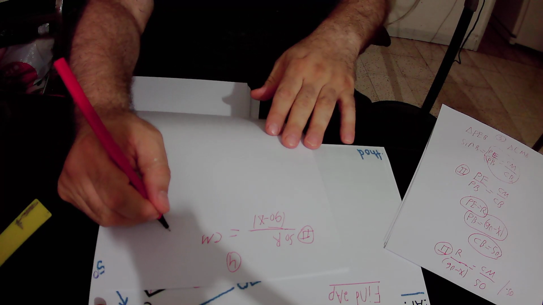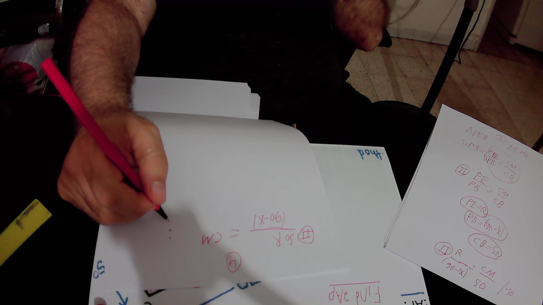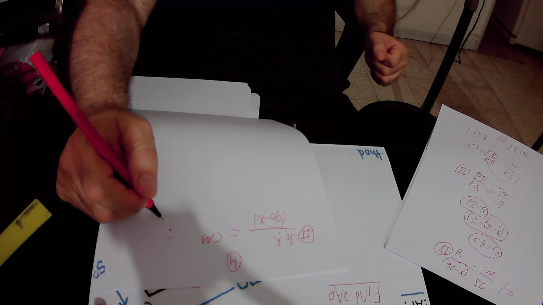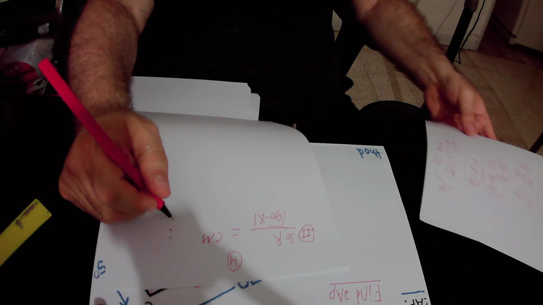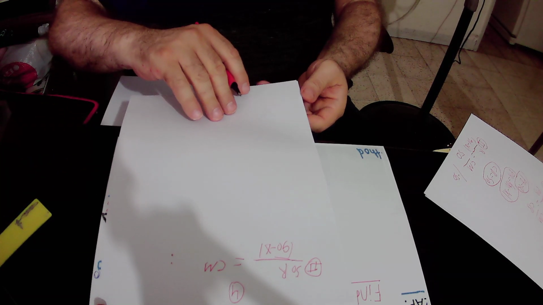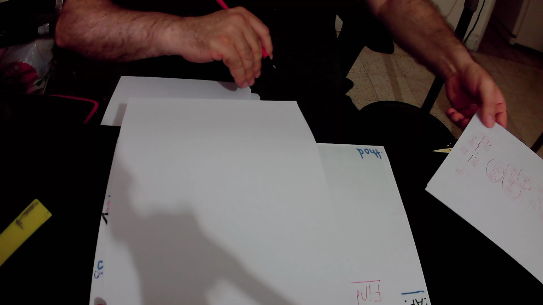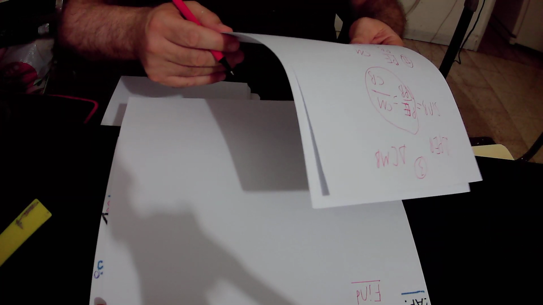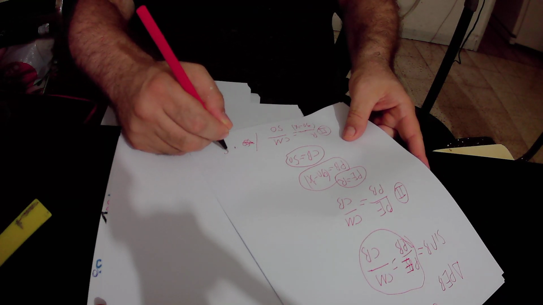Now we can divide. Instead, we'll do it in a different way. Actually, we will multiply both sides of the equation by 90 minus X.